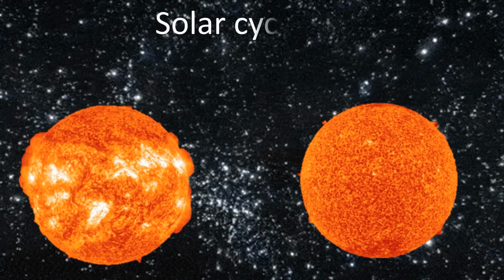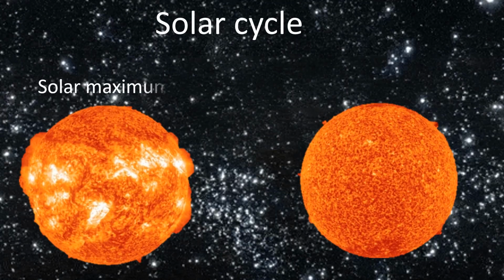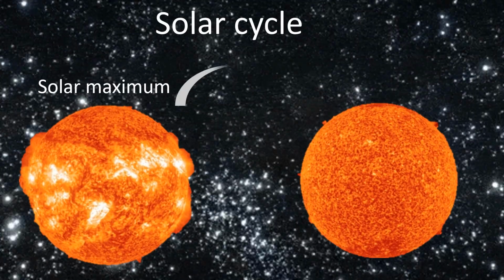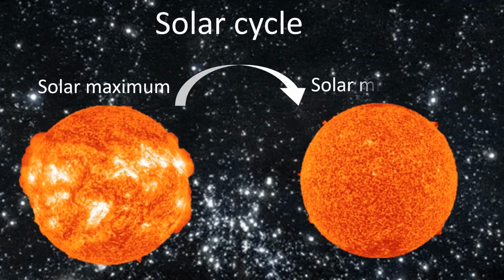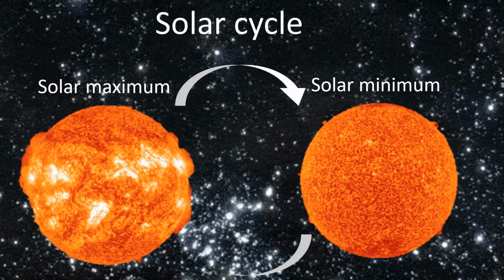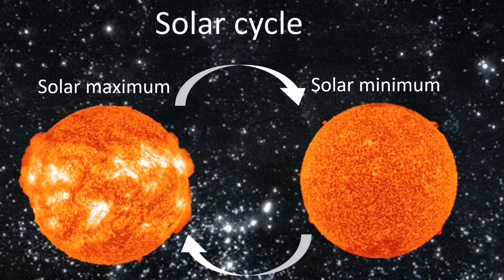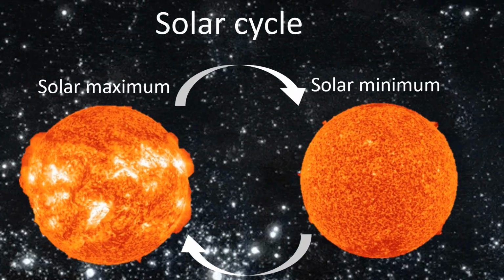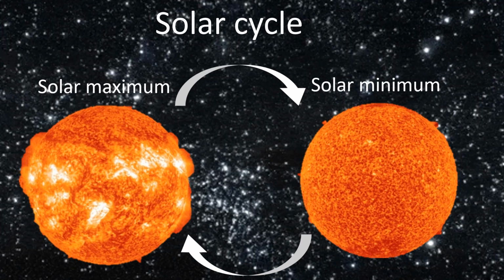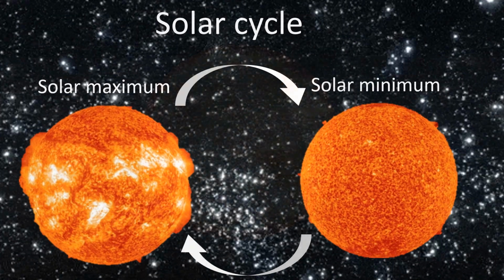The sun's magnetic field goes through what is known as the solar cycle, which is a cycle that takes 11 years to complete once. It involves changes in the sun's magnetic field and solar activity. The sun's activity increases at solar maximum and decreases at solar minimum.